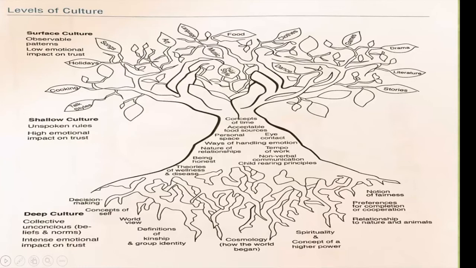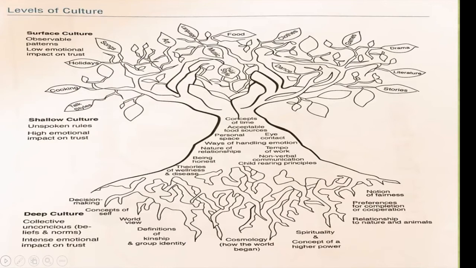And then we start looking at shallow culture, and that has a little bit more emotional impact on our ability to trust. It's our nonverbal communication and our child rearing practices and our eye contact, our concepts of time, our theories of wellness and of disease, and our notion of fairness.